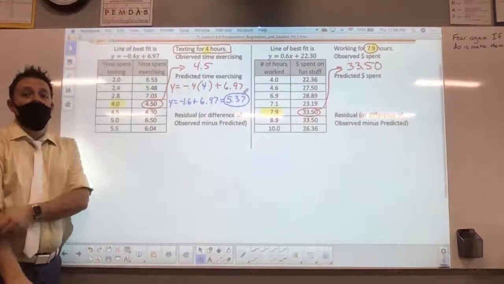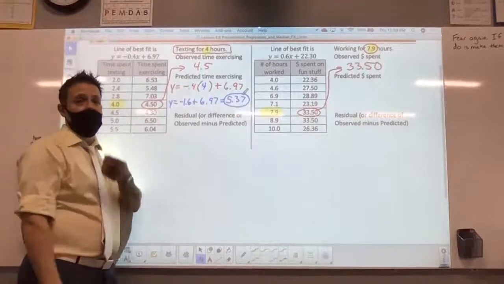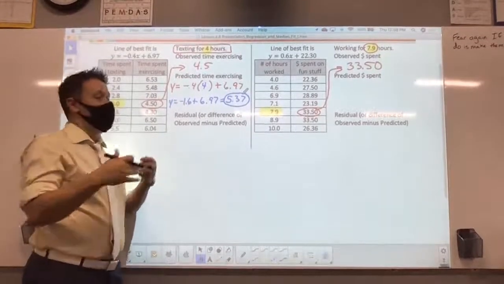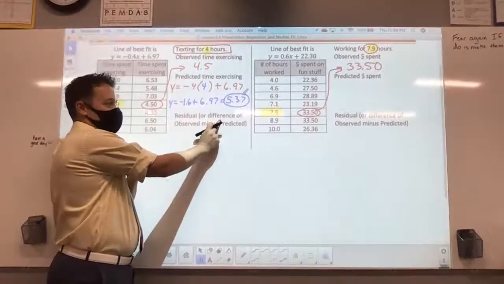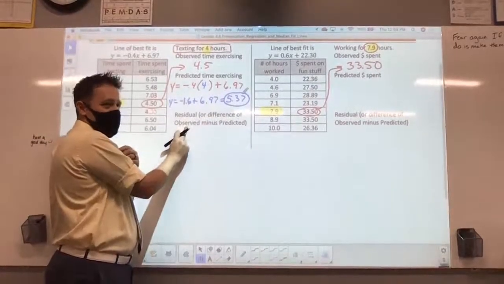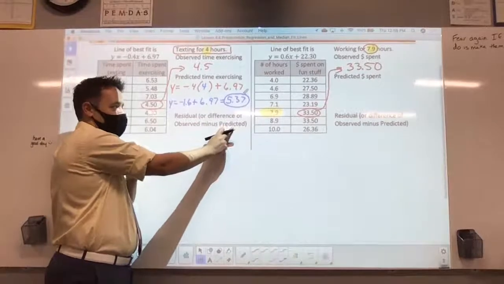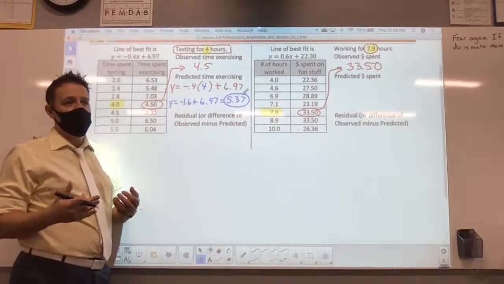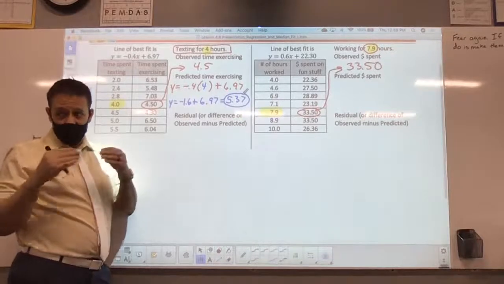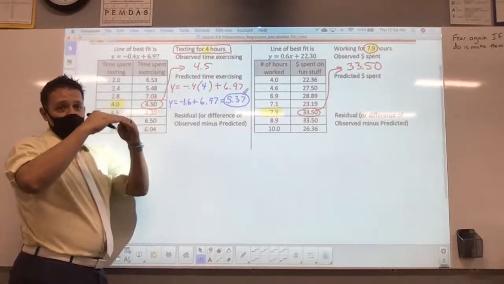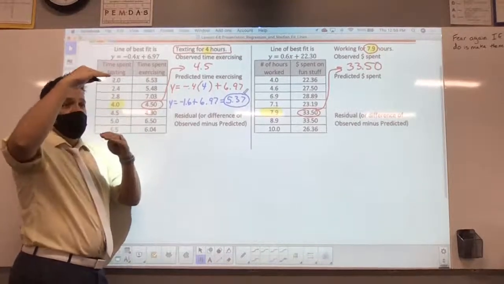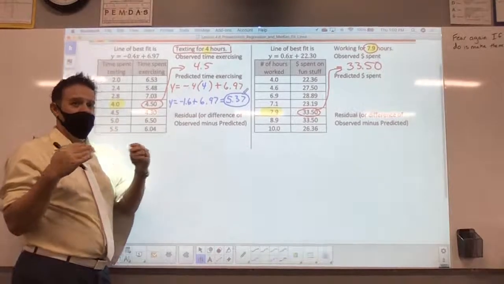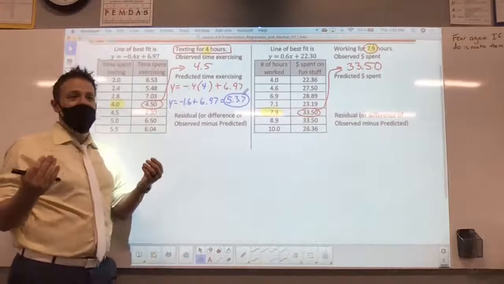Now, what it's asking you for on Alex is what's called the residual, which means the difference of the observed time minus the predicted time. Now, I know you may not understand what this actually means, but it's saying, here's what we actually observed, here is what we predicted. How bad did we mess up? How much did we miss it by?